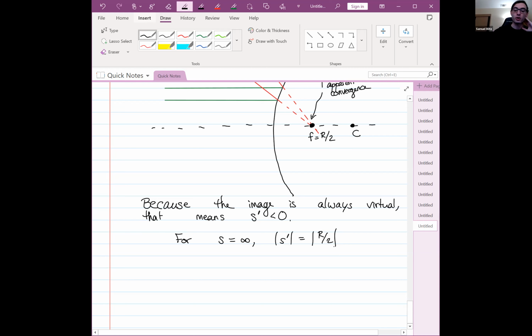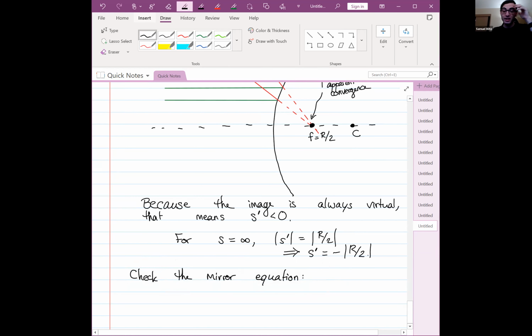So we can check our mirror equation by plugging these in. So we know that, to be clear, this implies that S prime is equal to negative magnitude of R over 2.